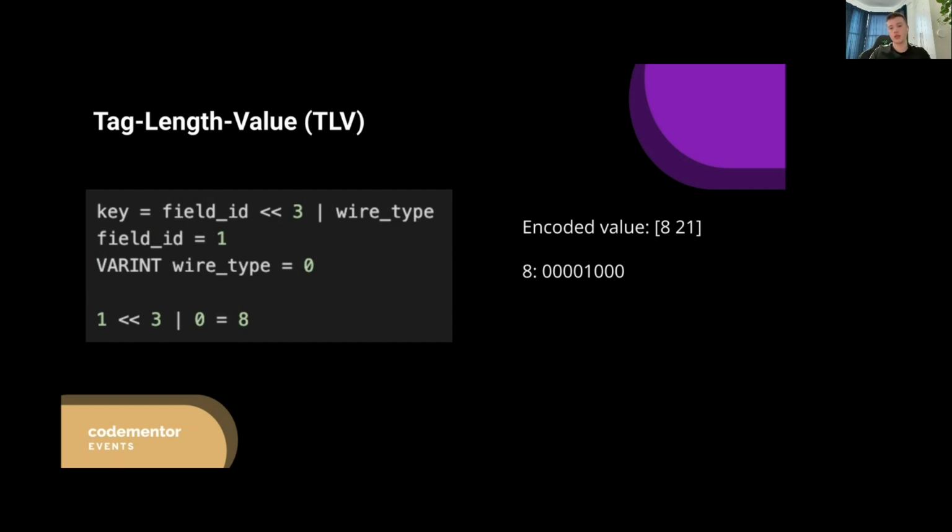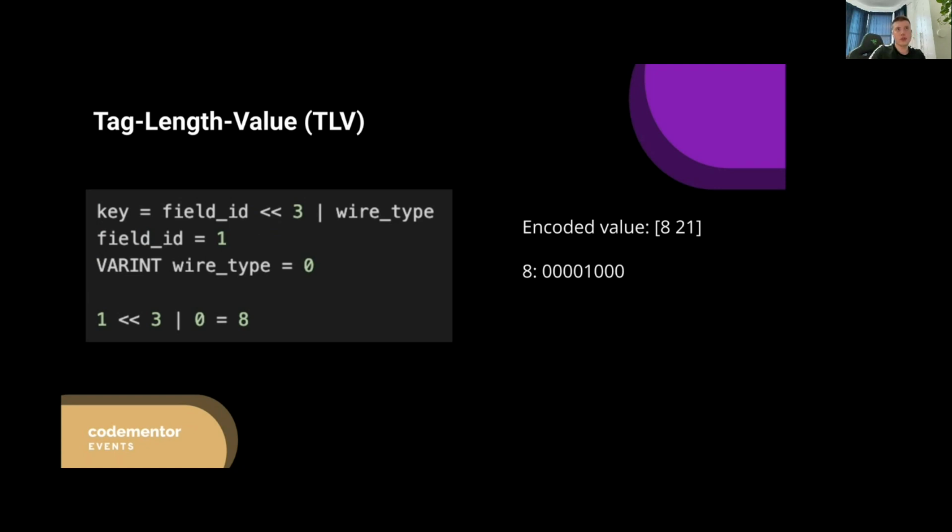However, let's imagine that we have a server and a client, and the server gets a new update of the message, and new fields are represented which are not yet supported by the client. The client doesn't know exactly how to decode this field, but it should still understand how to read this part of the message just to skip it, right?